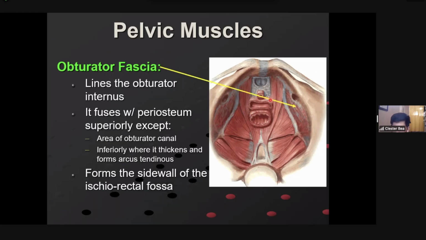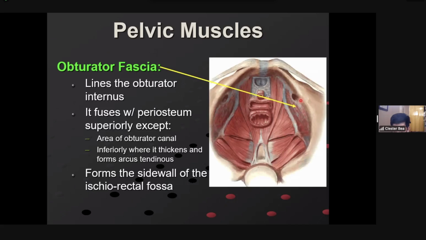The obturator internus fascia fuses with the periosteum of the pubic bone, and in its lower part, the fascia thickens. The thickening of the obturator internus fascia inferiorly is known as the arcus tendineus, or the tendinous arc.